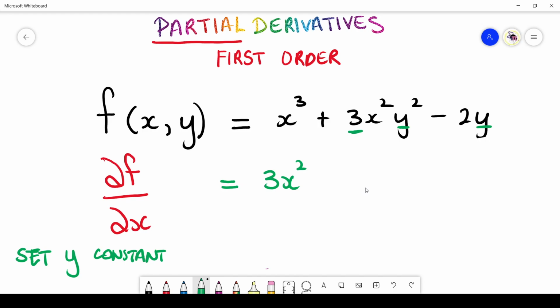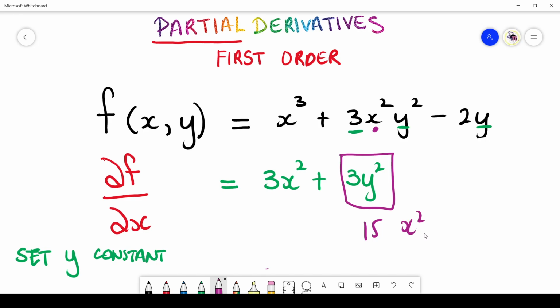It's a constant. So first, I like to bring all of my constants to the front. When I'm finished, I like to highlight the only variables present that can actually be differentiated. Now that's actually not a product if 3y squared is considered to be just a number. In essence, you can think of this as being like the number 15, and then you have 15x squared to differentiate. You wouldn't use a product rule to differentiate that now, would you?